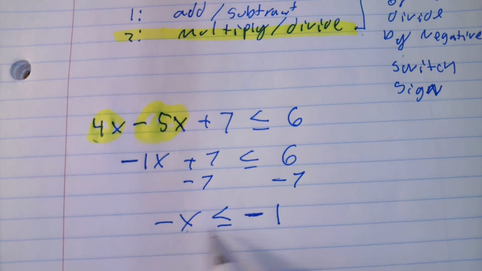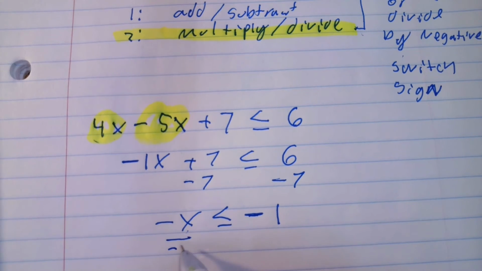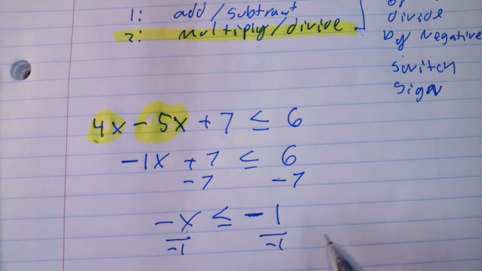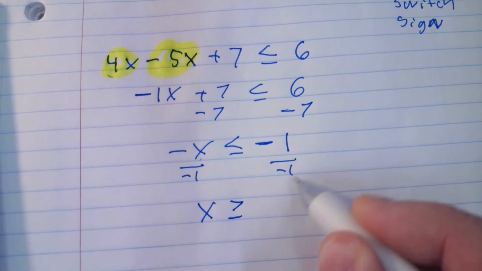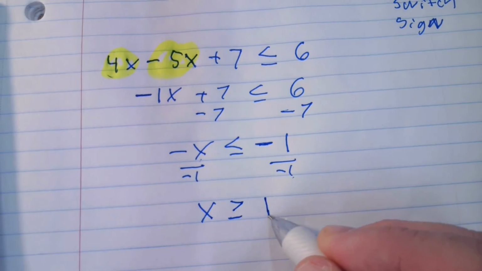There's a lot of ways to deal with this. Multiply by negative 1 both sides, or divide by negative 1 both sides. It just depends on how you like to do it. Either way, I'm going to do x. I got to switch the sign because I divided by negative.